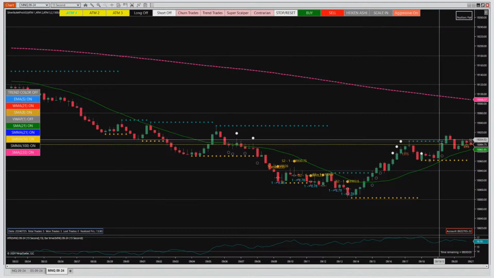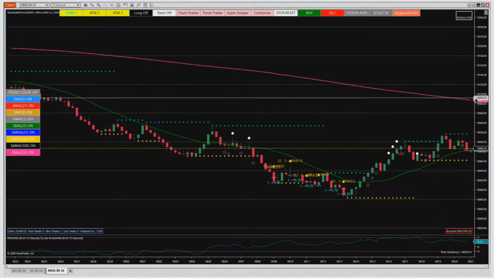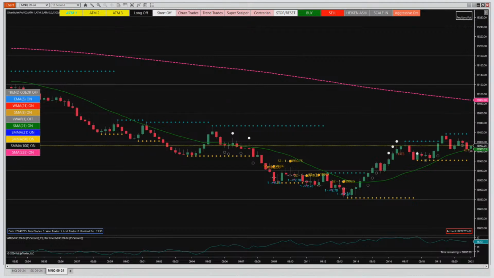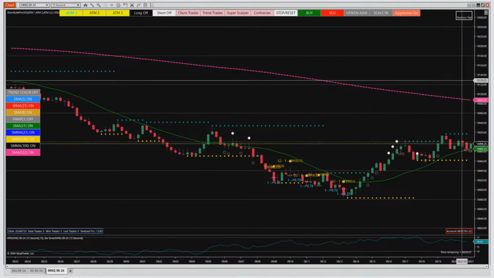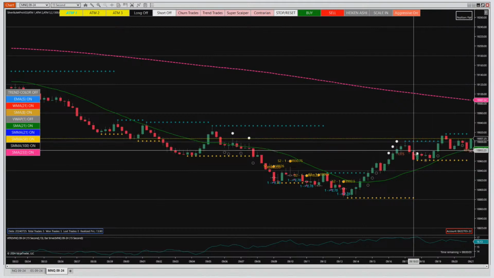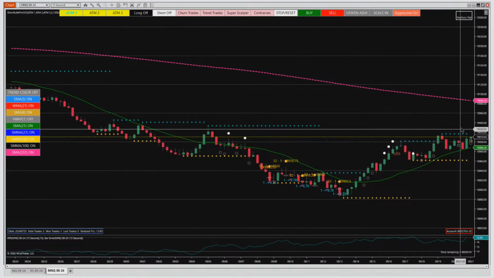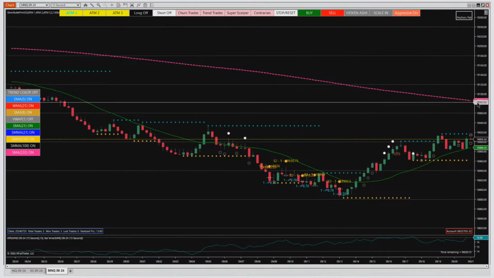I would expect price to go up to this red line, 233 SMA, and then try to come down. And when it tries to come down, I will take some trades. Until then, I'm going to wait because, as I explained in the market DNA, it has to go to this level.